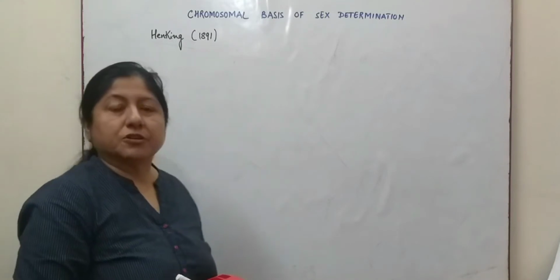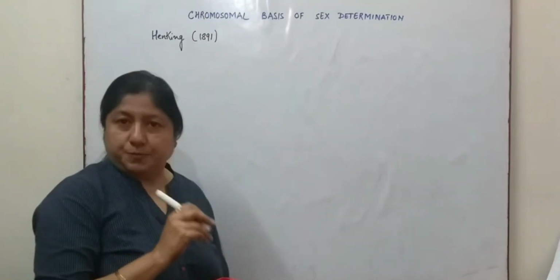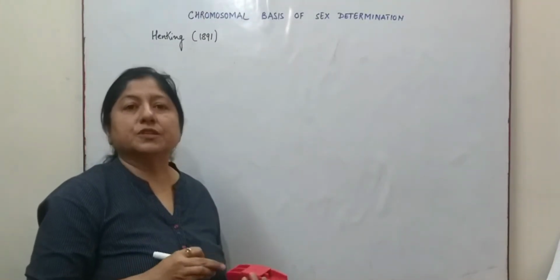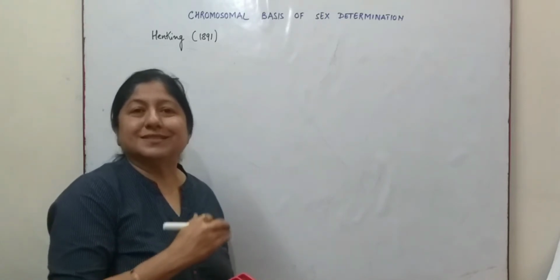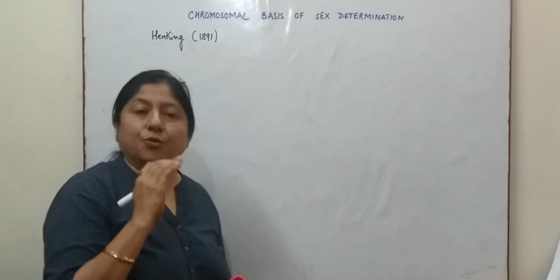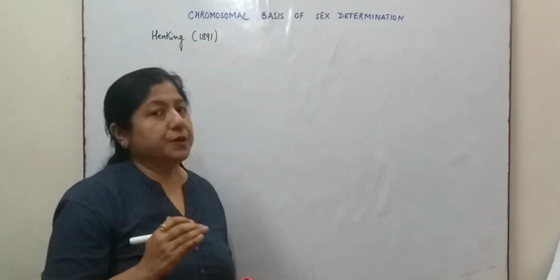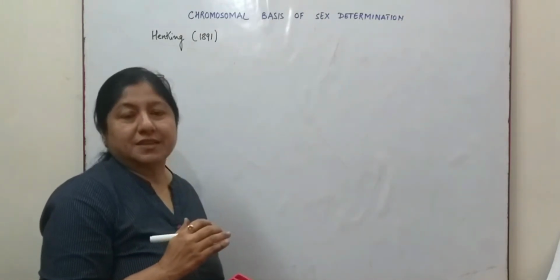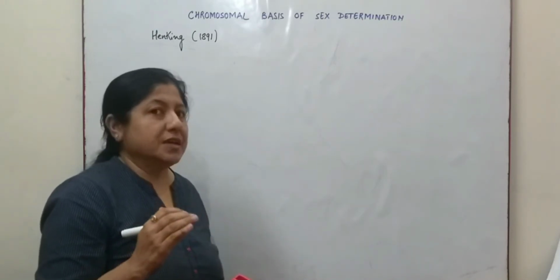During the study of spermatogenesis, he observed the movement of a certain object, and he found that only 50% of the sperms received this, while the other 50% did not.